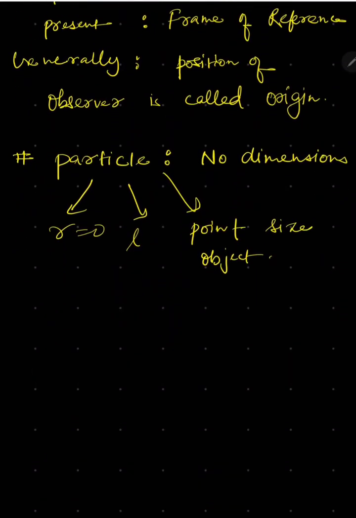Although in nature there is nothing that is a point size object, this approximation is very much valid unless the size of the object is very small relative to the distance or displacement it has covered during the motion.